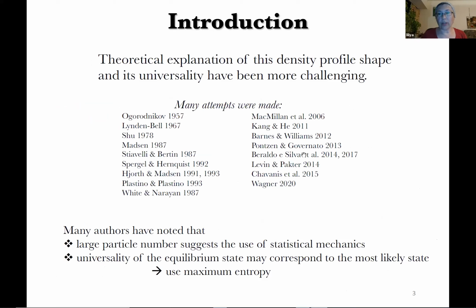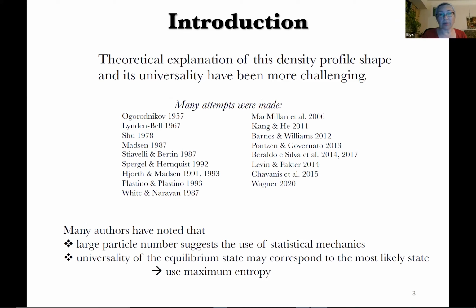Even though numerical results have converged and everybody agrees on them, there's no good theoretical explanation for why that shape for the profile and why it is so universal. Many attempts have been made, and I have a partial list of papers here, but none of them have really fully succeeded.